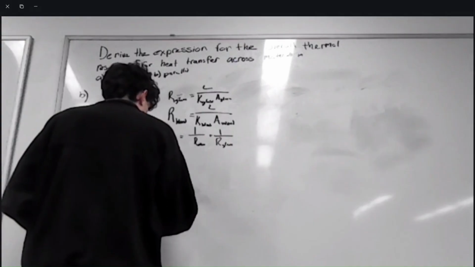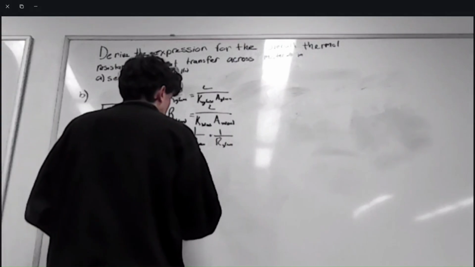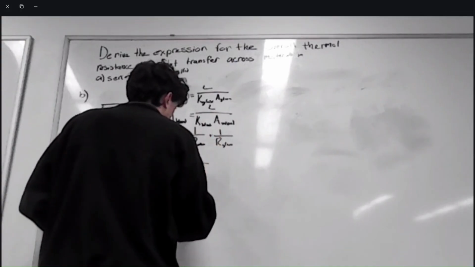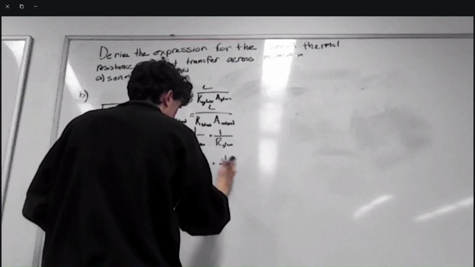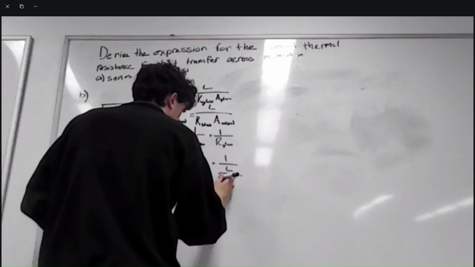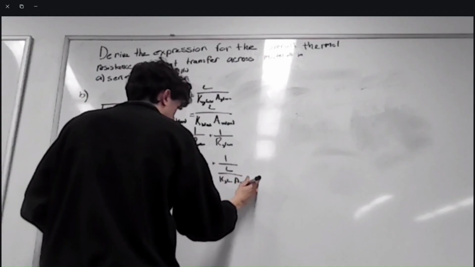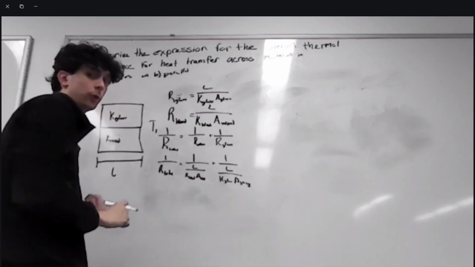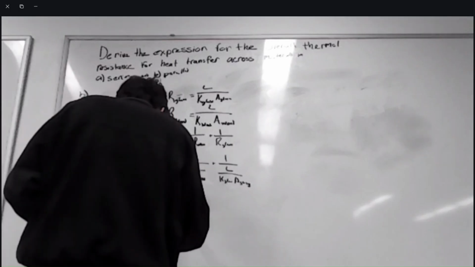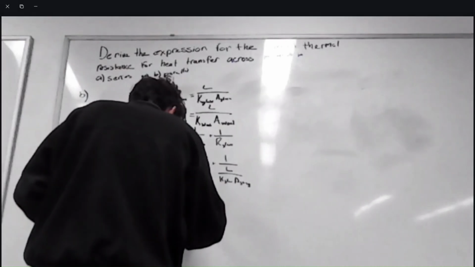So our total, our wood, which is equal to length wood over thermal conductivity and area of the wood, plus 1 over length glass over thermal conductivity and area of the glass. Fantastic. So that can be further simplified down. Let's not make this so confusing.